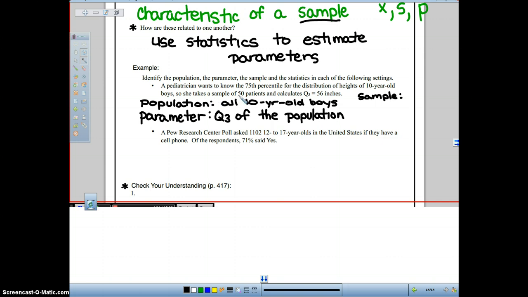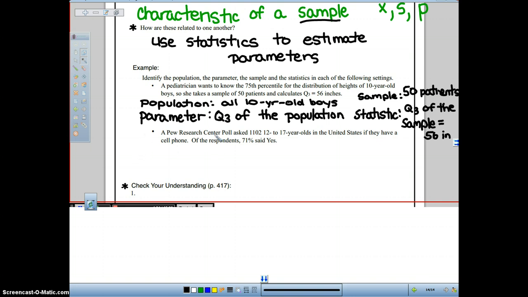This tells us that her sample is her 50 patients. And then the statistic is the information she actually gets from the sample. So that would be that the third quartile of the sample is equal to 56 inches. Always include your units because statistics is more than numbers, it's numbers with a story.